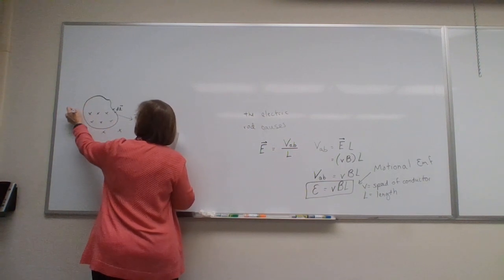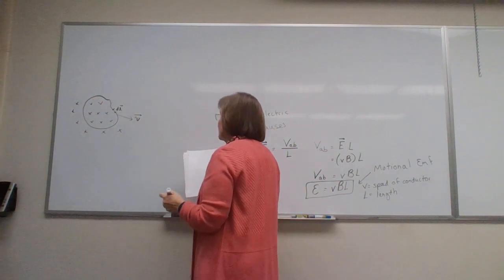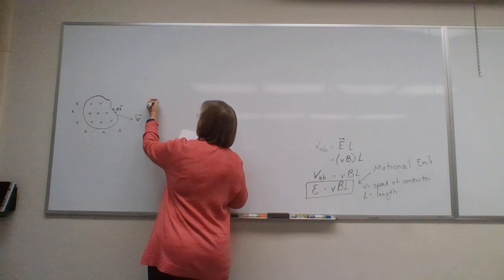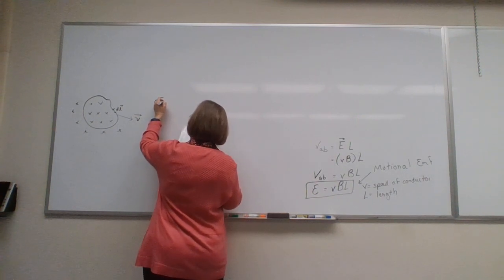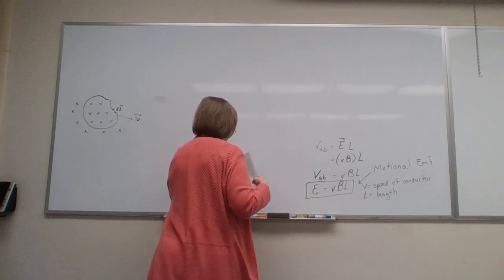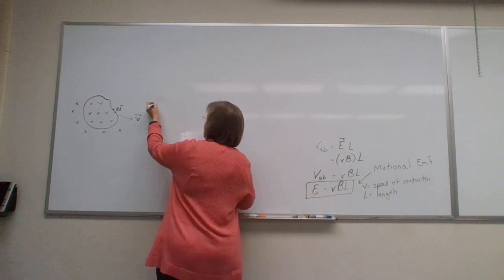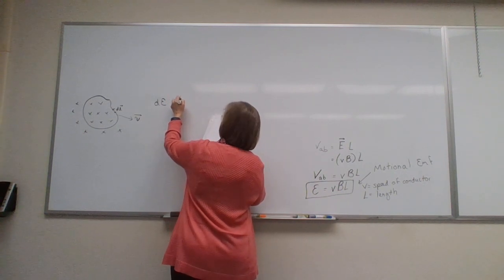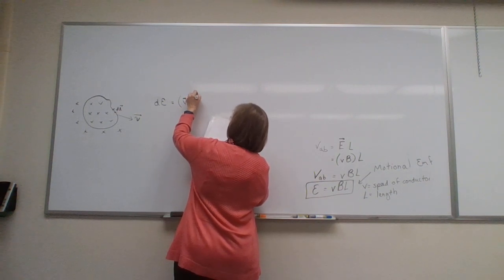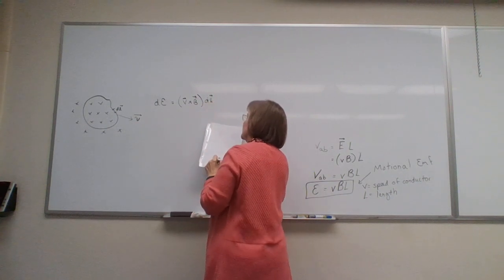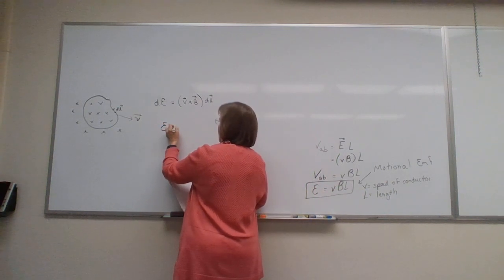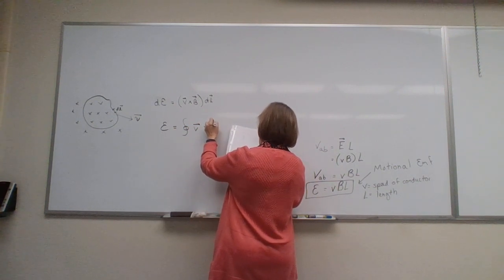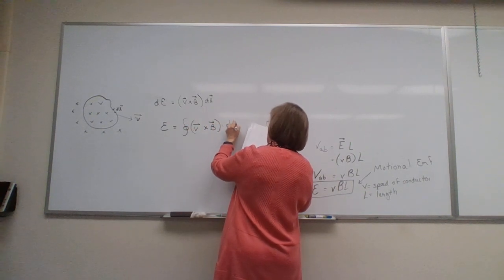So instead of just having that nice straight rod, you've got some other shape, in which case you have to work with an infinitesimal piece: a little piece of the induced EMF would equal v cross B for that little segment. And then you would integrate that over that whole loop, and you would get the integral of v cross B dot dL.